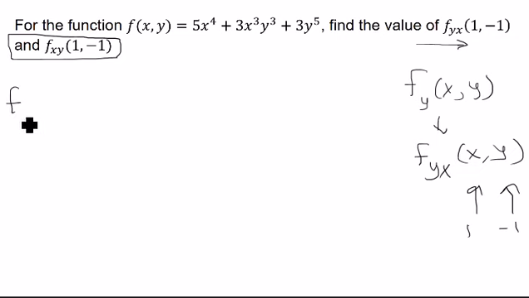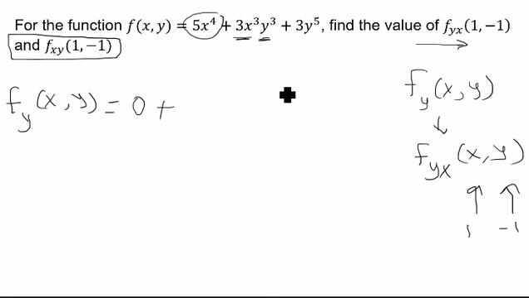So the first one is going to be f sub y of x comma y. So this time we're going to differentiate the right hand side with respect to y. In that case, anything that contains only x and numbers is going to disappear because that's a constant. So this first term is just a pure number as far as y is concerned because there is no y involved there, so it's going to be a 0, plus the second term is a mixture of x and y. That's why we're going to keep the number and x part as it is, so that's going to be 3x cubed and then the derivative of y cubed.